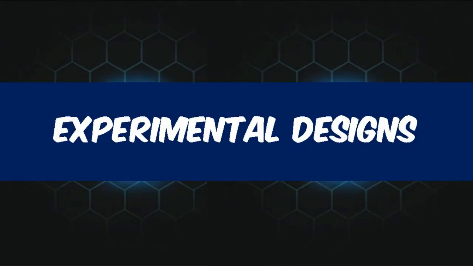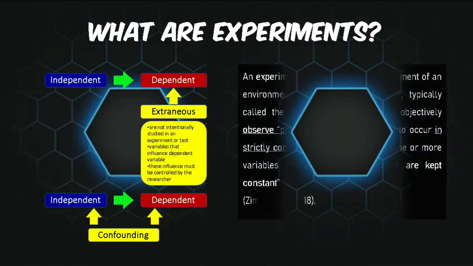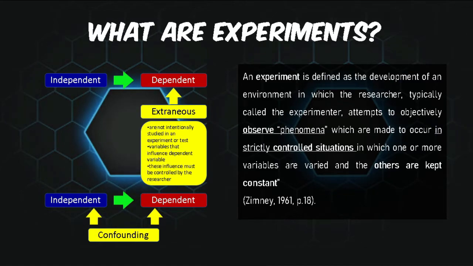Let us start with our experimental designs. In the first place, what are experiments? According to Zimny, 1961, in an experiment, we objectively observe phenomena which are made to occur in strictly controlled situations. Emphasis on the phrase strictly controlled situation.